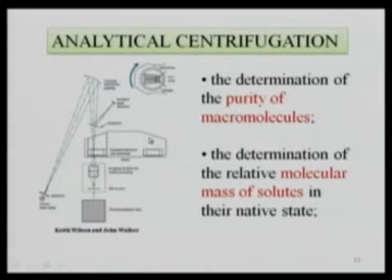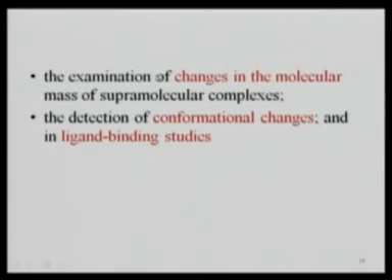We can compare the presence or absence of some components, molecules, proteins, whatever it may be, with the known one. That means we are using the standard along with the separation. That's why we can consider this as separation along with analysis. Hence it is analytical centrifugation, where we can perform both. As I said, we can see the changes in the molecules, that is molecular complexes, and their ligand binding studies.